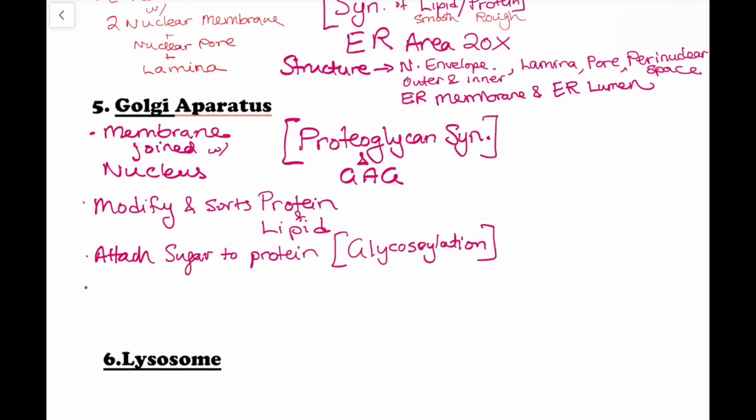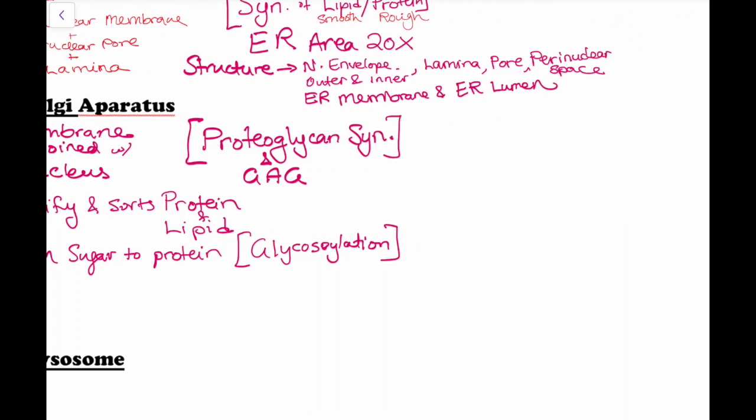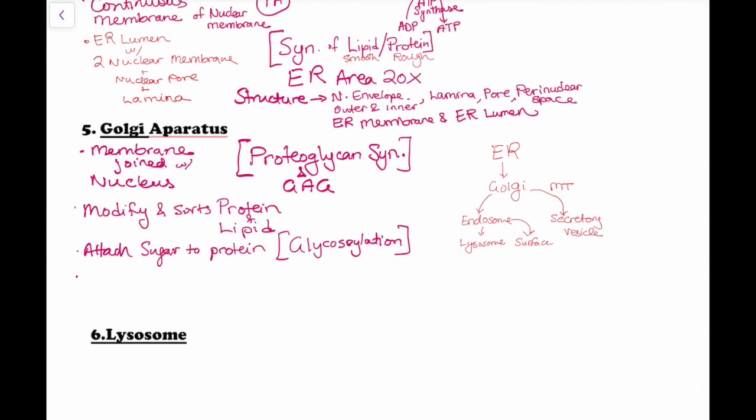And then another side component we can look at is that from ER you can go into the Golgi, and from Golgi you can either be sent by endosome into the lysosomes, or endosome to the surface of the cell, or from Golgi with the microtubules you can send to the secretory vesicle. So these are all the pathways that proteins or other material can take from ER to wherever it needs to go.